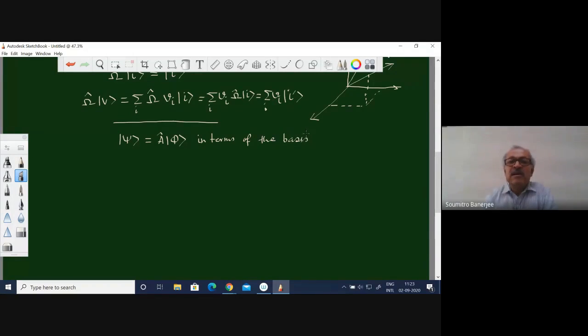This is important: we have already defined the basis, and in that basis we are trying to define this. Once you have defined the basis, we can define psi in that basis as the sum over j from 1 to n of c j times the basis u, that is u1, u2, and so on.